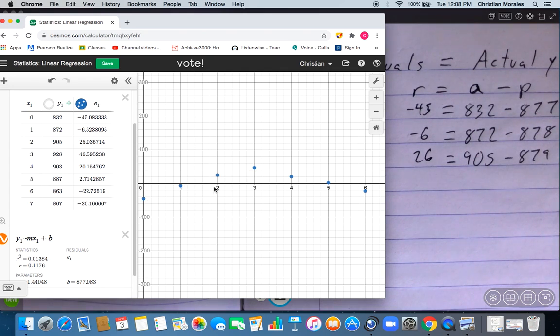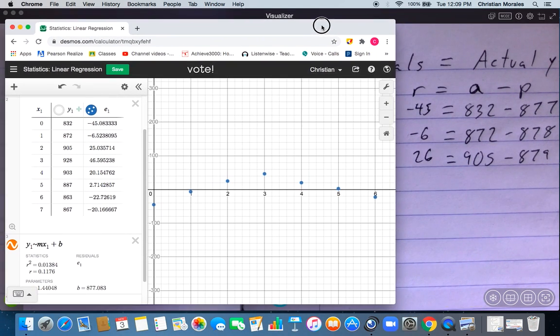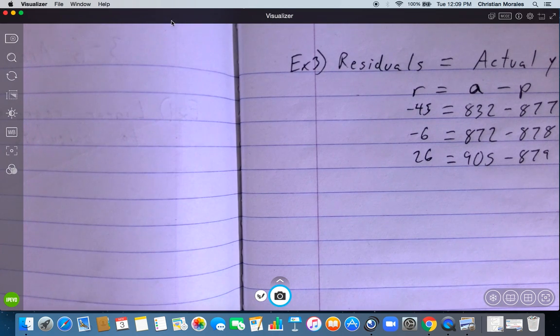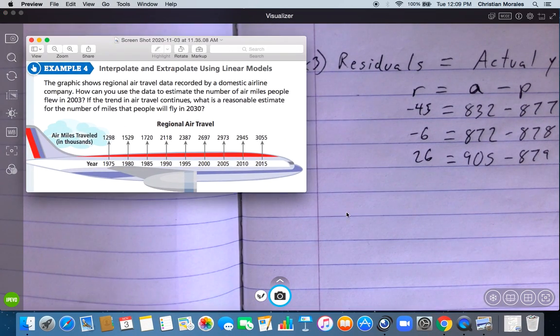Negative 6. What is the residual at 2? 25. 3, 46. So this is called a residual plot, and it just tells you how far away the points were from the line. Okay, so that's a residual plot. And that's really it for number 3. I don't believe we have to do anything else for that. I think we're good.